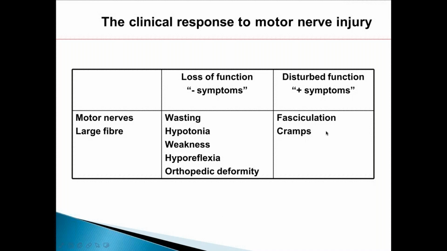However, positive symptoms like fasciculations and cramps might even occur in diseases like amyotrophic lateral sclerosis or early demyelination, which is more seen in medicine. So loss of symptoms and gain of positive symptoms like fasciculations or cramps, you need to document in the HOPC if the patient doesn't tell you.